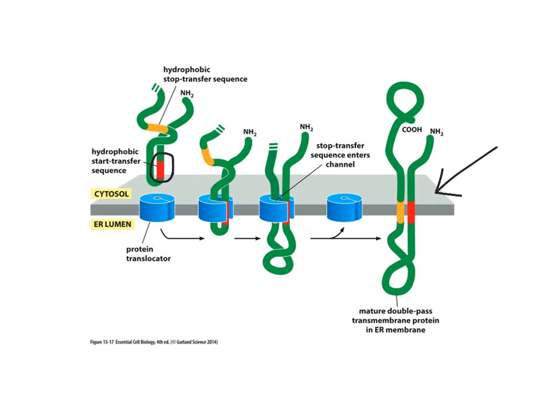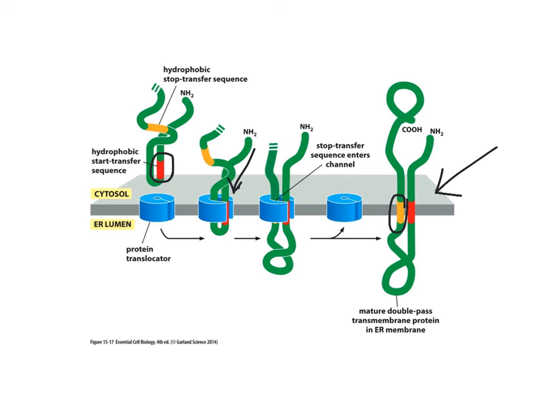So it's not eventually cleaved like the signal sequences on the end of the protein. This start transfer sequence, which is hydrophobic, inserts into the translocator and holds it open, and then protein is made, and the loop below the translocator grows until the stop transfer sequence is reached. Again, the translocator releases the protein. It's in the membrane, and it continues to be made until the C-terminal is reached.